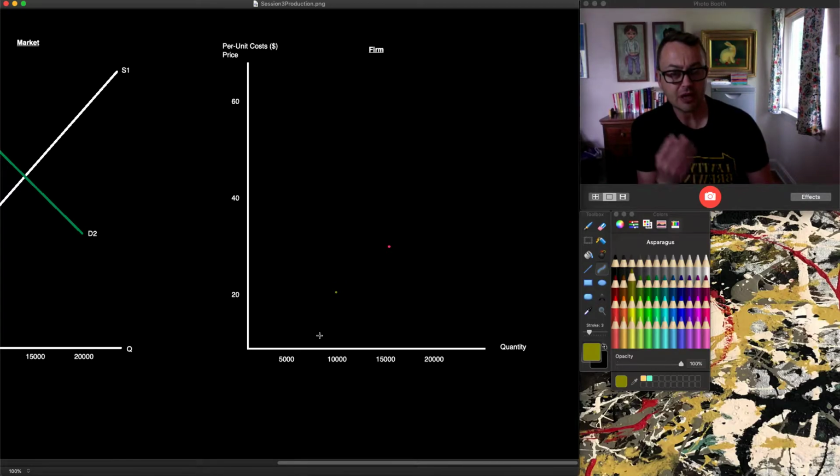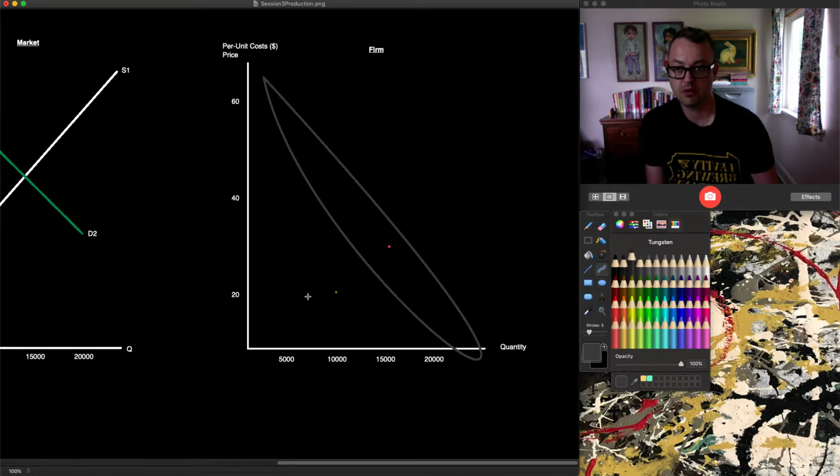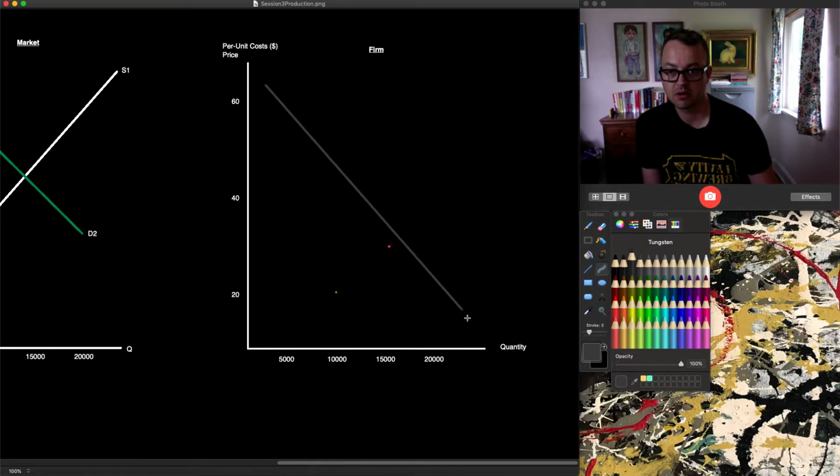relationship. There's 4 per unit costs that we look at. First is the average fixed cost. Average fixed costs, which start very high and then fall rapidly.